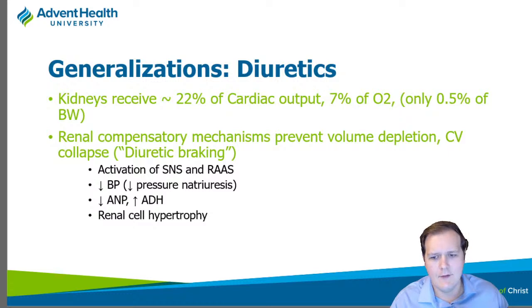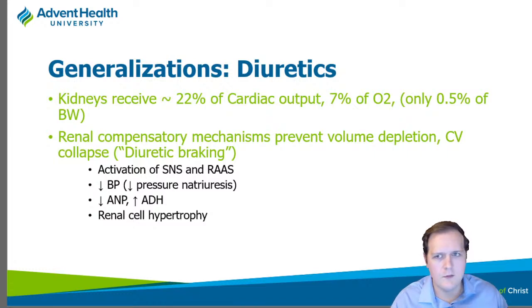The kidneys have a lot of control over the rest of the body in terms of managing blood flow and volume status because of this idea called diuretic braking. If the kidneys detect low volume or low salt, they will activate a series of rebound mechanisms.